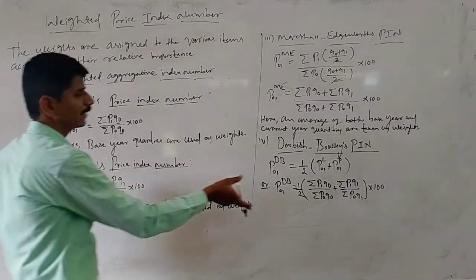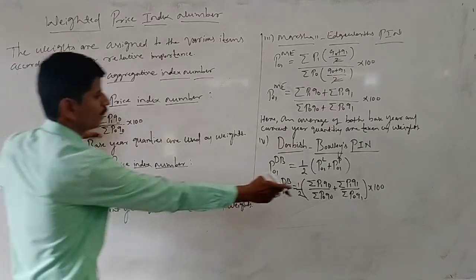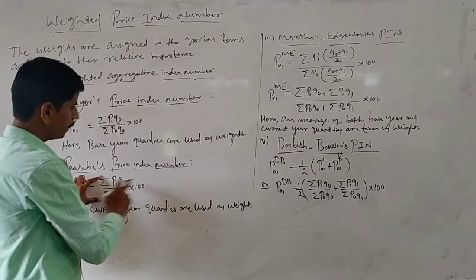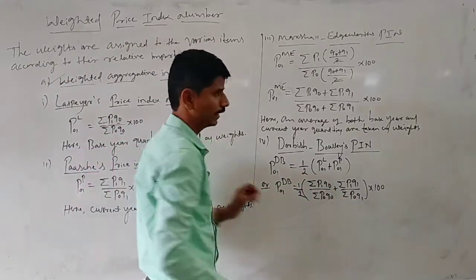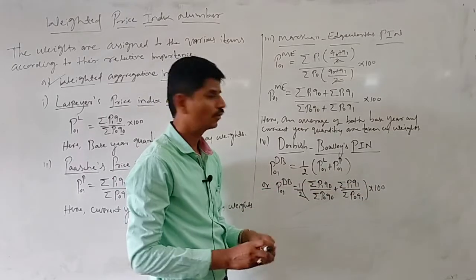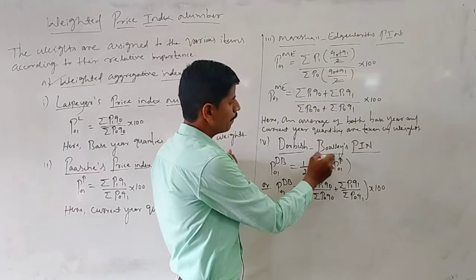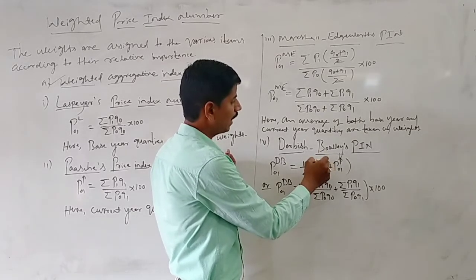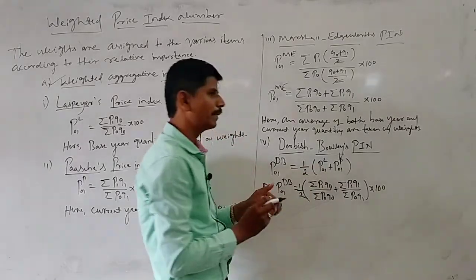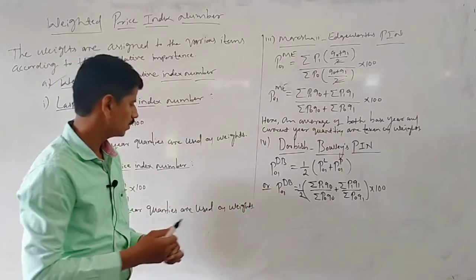It is the arithmetic mean of Laspeyres, sum of P1 Q0 by sum of P0 Q0, plus Paasche, sum of P1 Q1 by sum of P0 Q1, that is A plus B divided by 2, into 100. Here I am not using 100 because I directly take the P01 L answer and the P01 P answer. Therefore, we take only 1 by 2 into P01 L plus P01 P. It is about the Dorbish-Bowley index number.